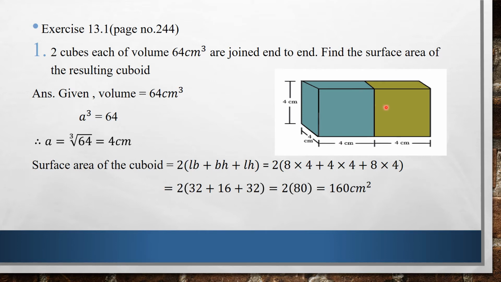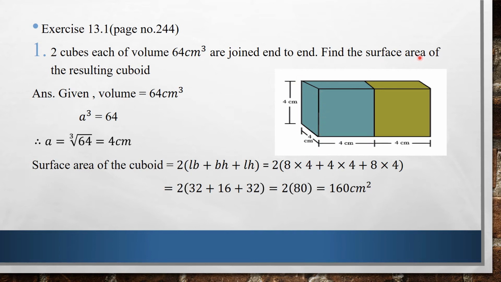When the two cubes are joined end to end, the new resulting solid is a cuboid. We can see the length of the new resulting cuboid will be 4 plus 4 is equal to 8 cm, breadth will be 4 cm, and height will also be 4 cm.